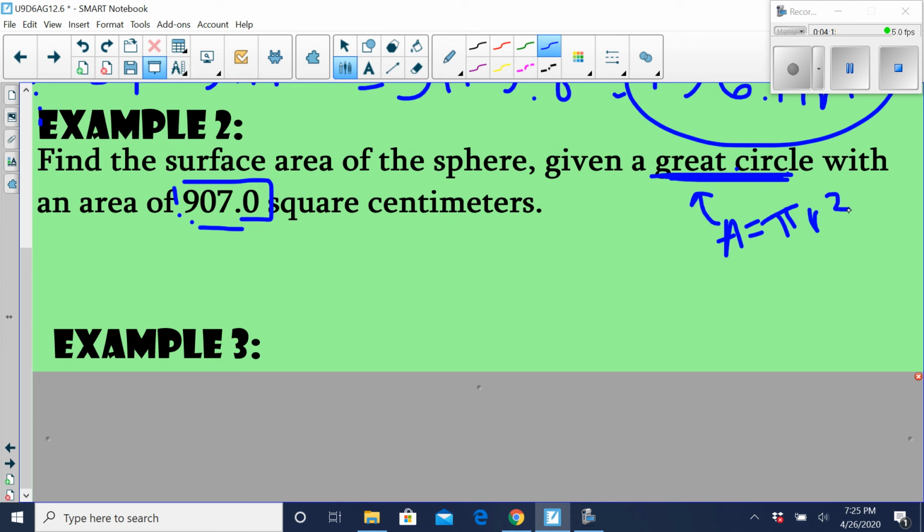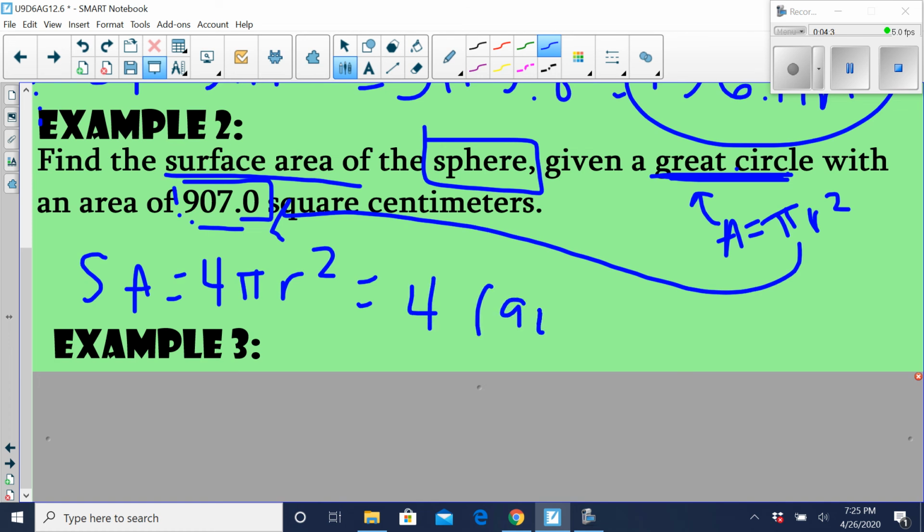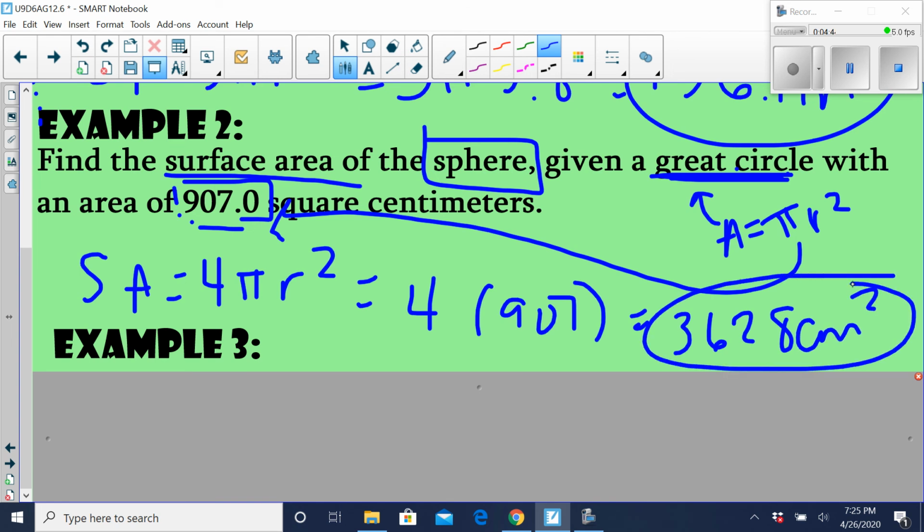Now, if they want us to find the surface area of a sphere, think surface area is really 4 pi r squared. Now, we already know that pi r squared is equal to 907. So here I'm just going to take 4 times the 907, and that'll give me my total surface area. End up with 3,628 centimeters squared. So this one was actually a little bit nicer because they gave us that pi r squared.